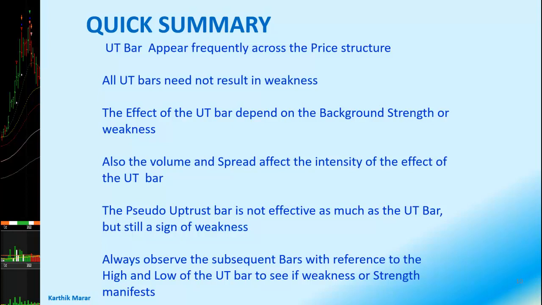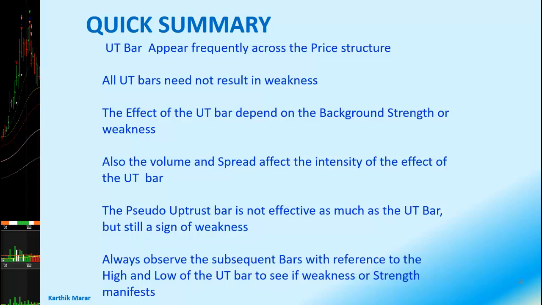In many cases, the weakness is quickly overcome and the stock starts moving up. The effect of the UT bar depends on the background strength or weakness. Also, the volume and the spread of the bar affects the intensity of the effect of the UT bar. Higher the volume or higher the spread, the more intense the effect.